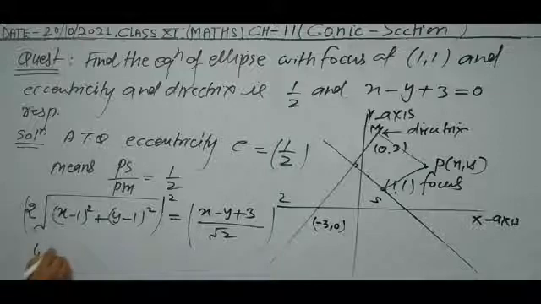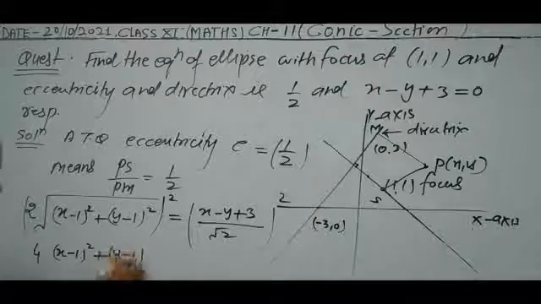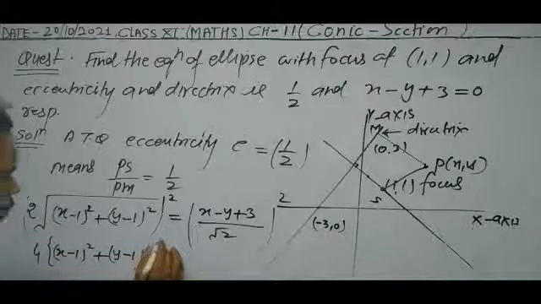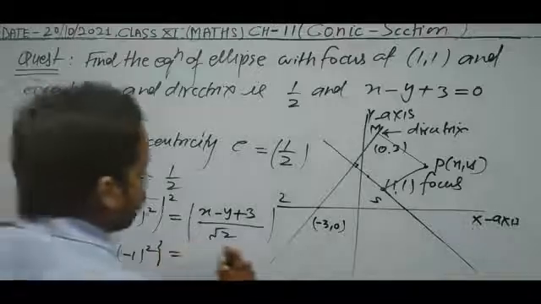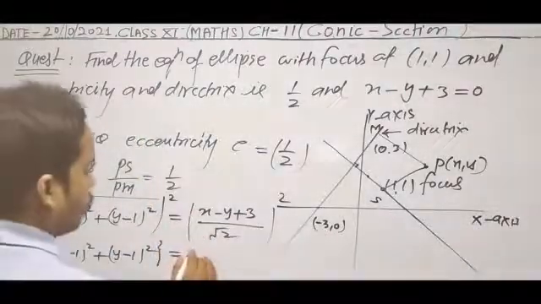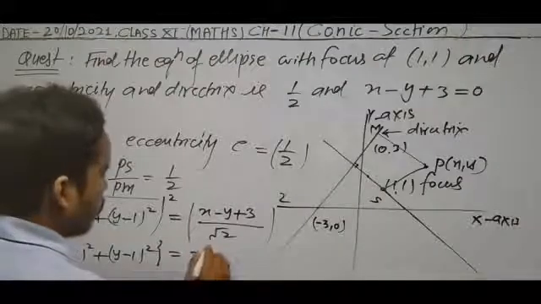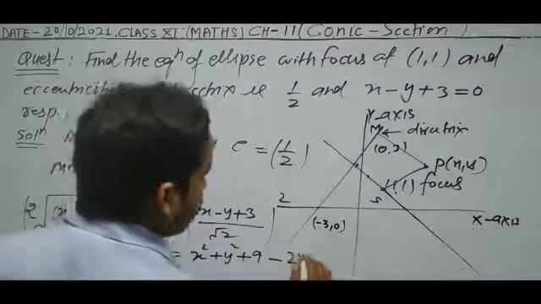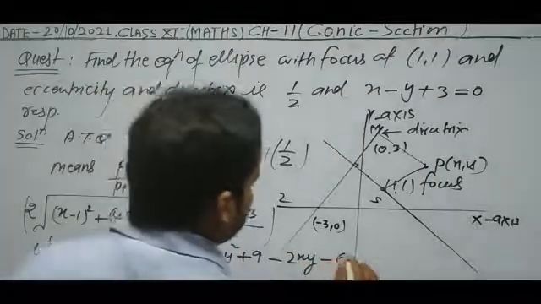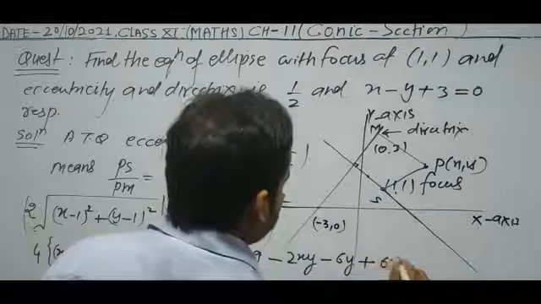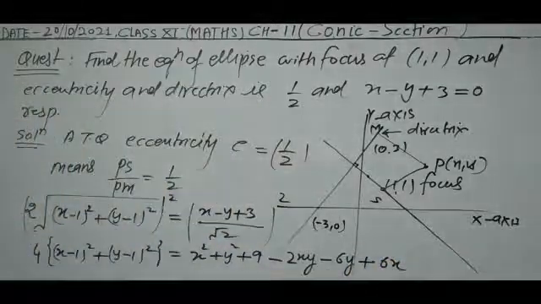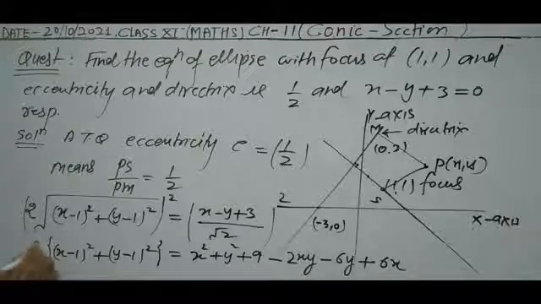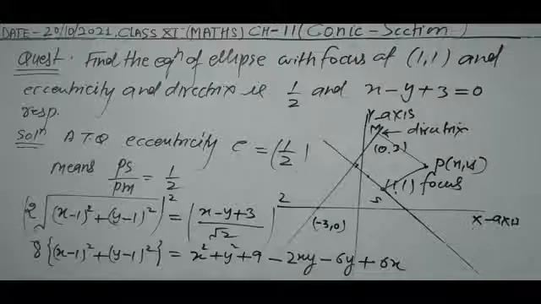This is 4 times x minus 1 whole square plus y minus 1 whole square within curly brackets is equal to, this is a plus b plus c whole square, means x square plus y square plus 9 minus 2xy minus 6y plus 6x whole upon 2, means this will be 8. Now see what will be the calculation.